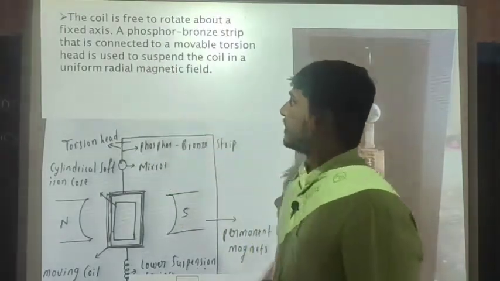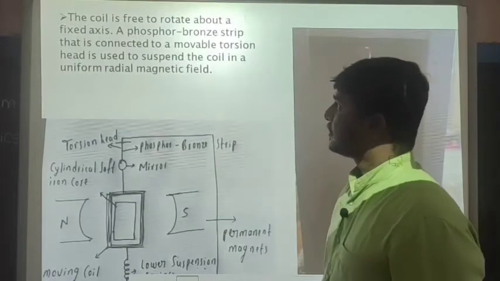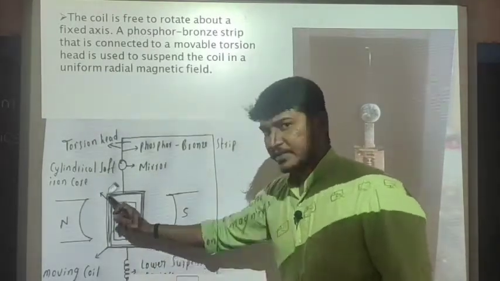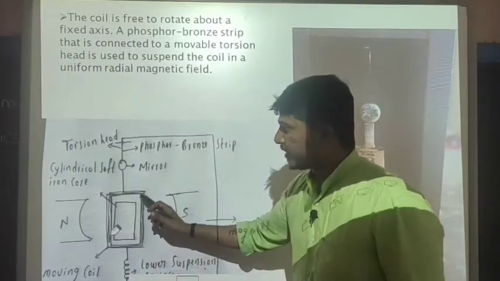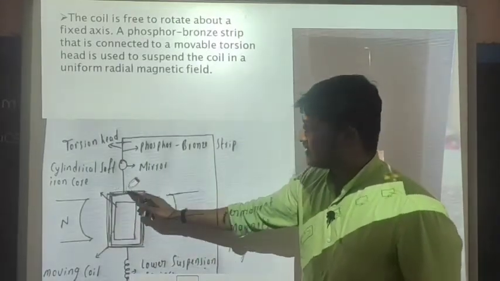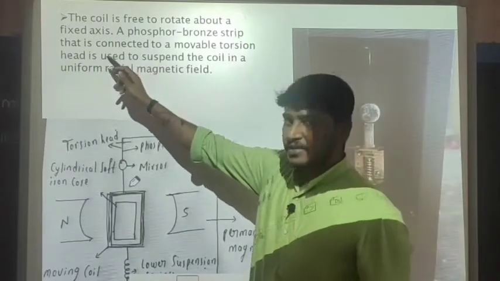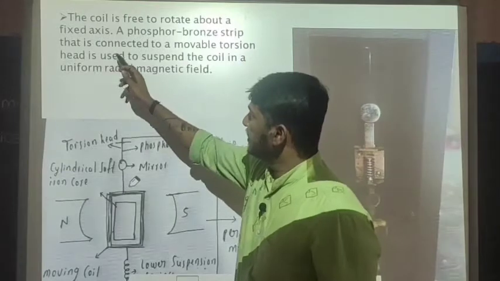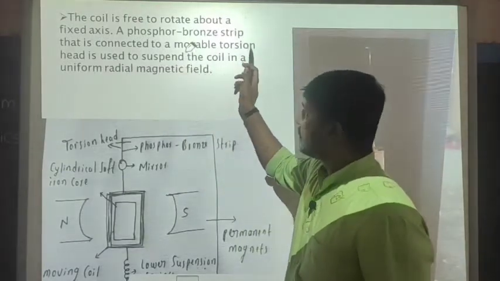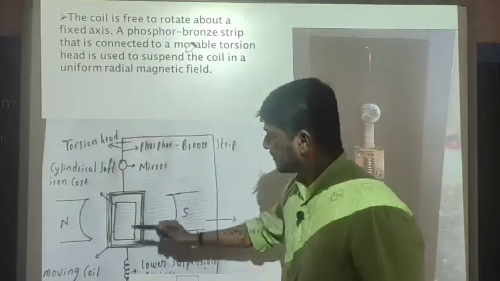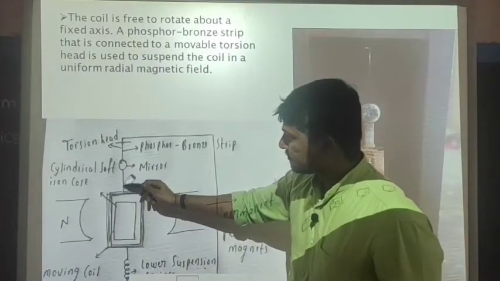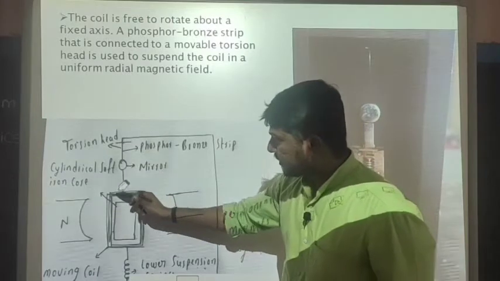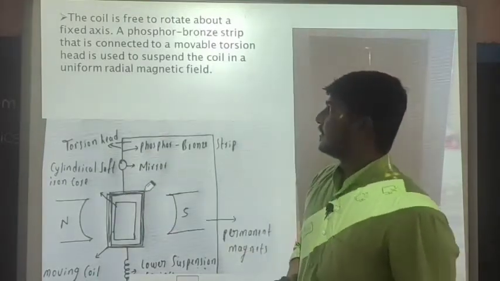This copper coil is free to rotate about its own fixed axis. Then a phosphor bronze strip is connected to a movable torsion head. Here you can see this is the phosphor bronze strip which is connected to the copper coil.